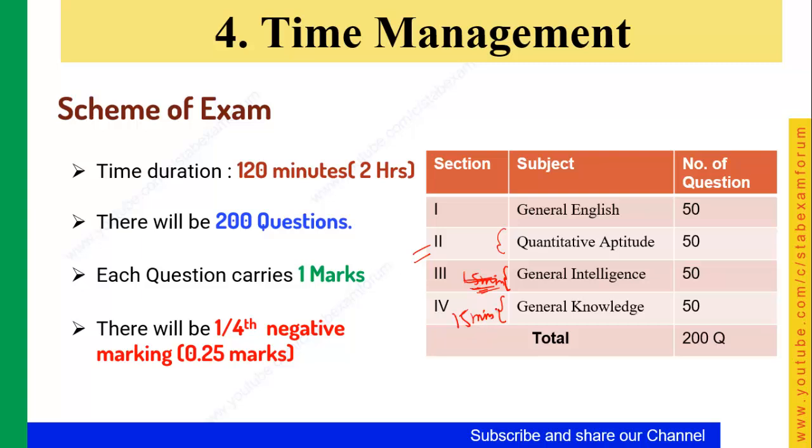The remaining time you can divide as per your strength and weakness. Generally quantitative aptitude takes more time, so you can take 45 minutes max. So 45 and 15, you have almost 1 hour. And in English you can give half an hour, and in general intelligence half an hour.